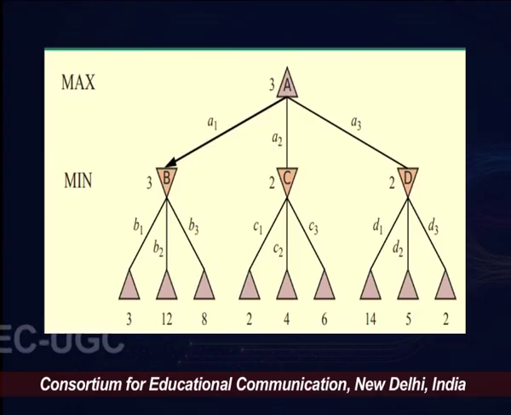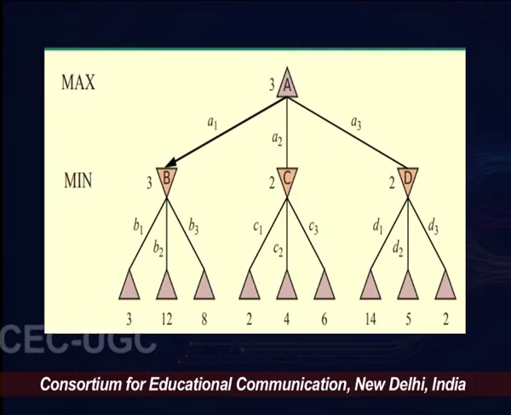Now, in case of min, from the nodes B, C and D, it can move to either B1, B2, B3 or C1, C2, C3 or D1, D2, D3 for that matter. And every move is labeled here with a score.